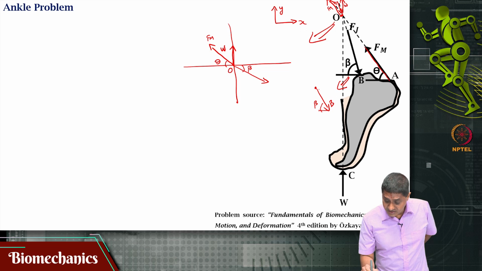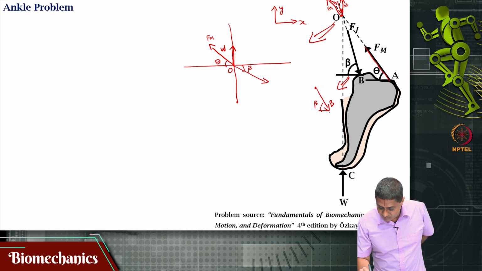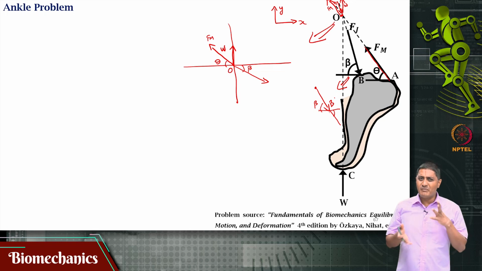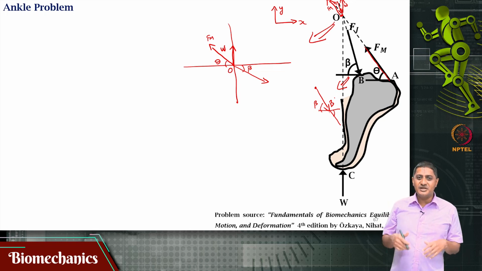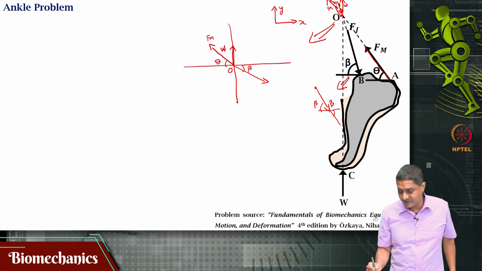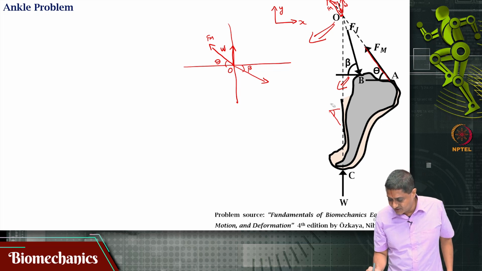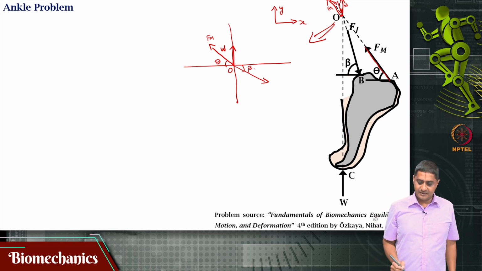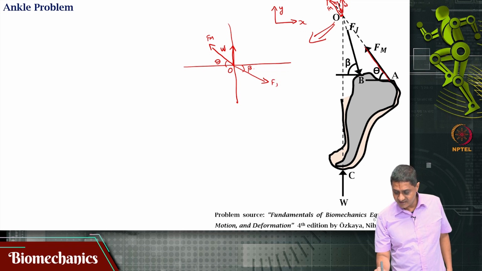Whereas, what I am doing is moving Fj to this point and then marking that angle, which is actually the opposite angle. I am using some geometry, and because it is an opposite angle, that angle is beta. Okay. I hope that is clear for you. Because of that reason, this is beta, that is Fj.